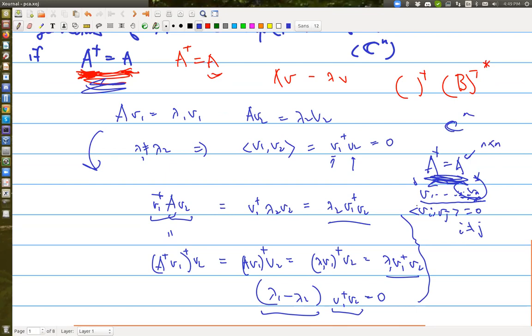Then I can find a basis V1 up to Vn that spans C^n. Spanning means that if I have any vector x in C^n, then this vector can be linearly decomposed into a sum of a_i V_i, i equal to 1 to n.